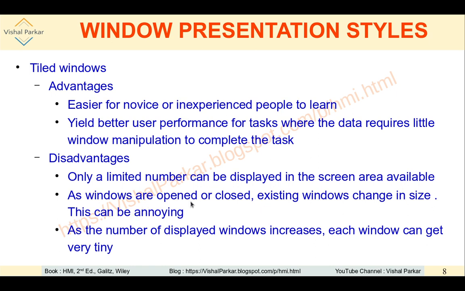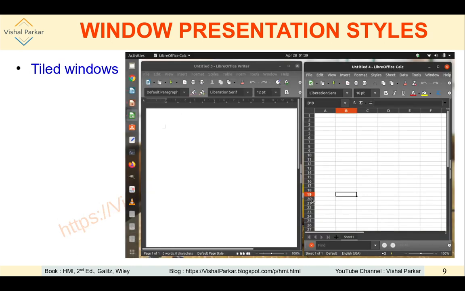As windows are opened and closed, existing windows may change in size and that can be annoying. So these are some of the disadvantages. Here I have shown only two windows in tile fashion. There can be multiple windows in that way.